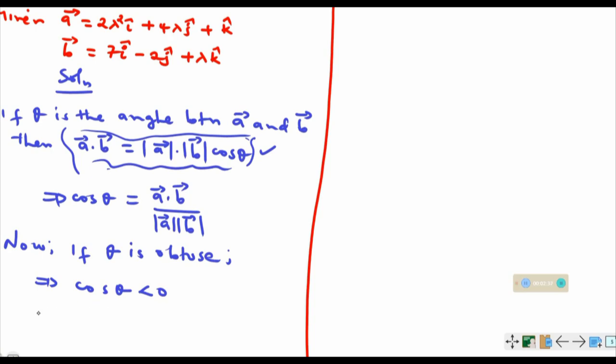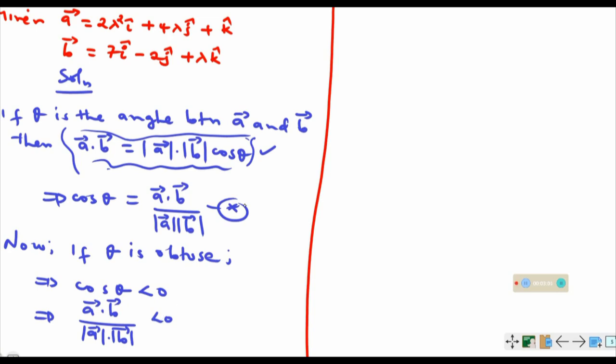And what does that imply? From this expression here, it implies that vector A dot vector B divided by magnitude of vector A times magnitude of vector B should also be less than 0.